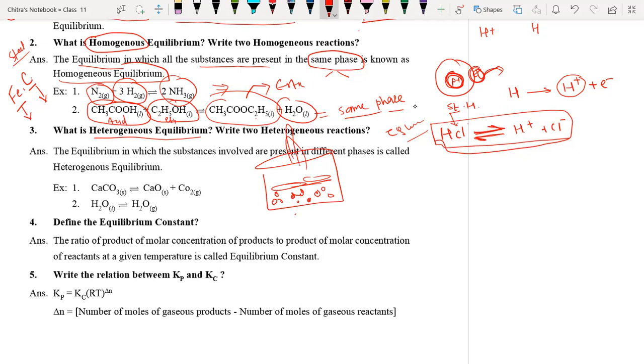So now we are going to understand heterogeneous equilibrium. This is when the substances involved are present in different phases. Different phase means you can identify them separately. Suppose this is the sugar container at your home.